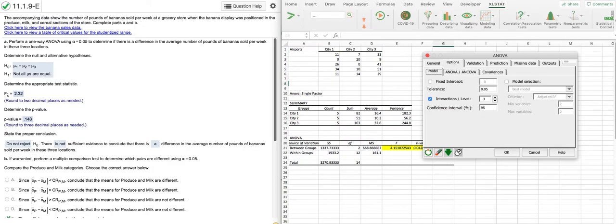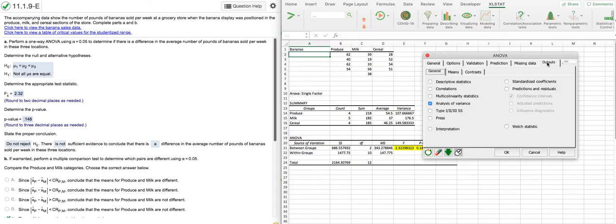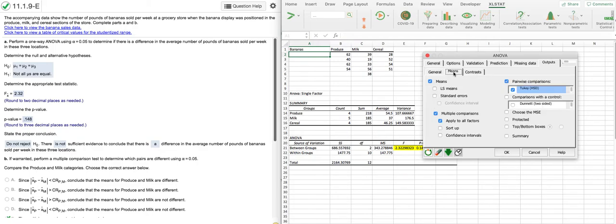Options. There we go. For levels, we have 3 levels: produce, milk, and cereal, so we're good there. Under Outputs, Analysis of variance, and then under Means, we have the Tukey option selected. So we should be good to go.